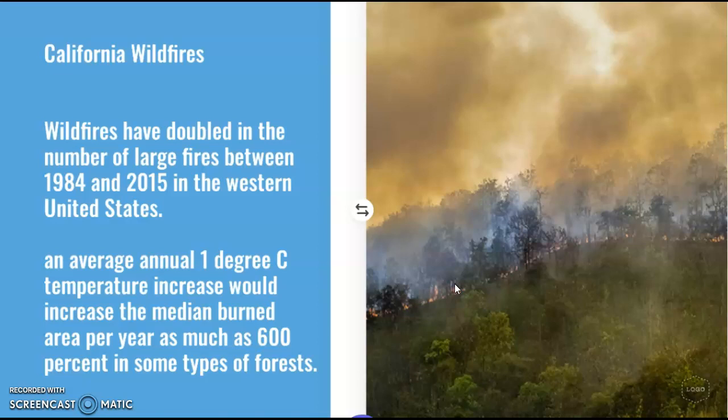Wildfire risk depends on a number of factors, including temperature, soil moisture, and the presence of trees, shrubs, and other potential fuel. All these factors have direct or indirect ties to climate variability and climate change.